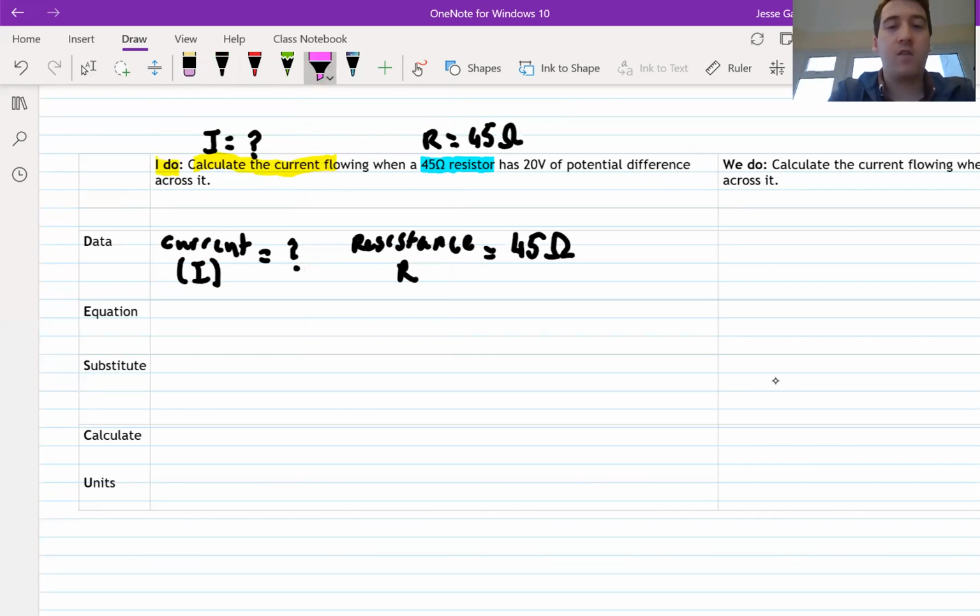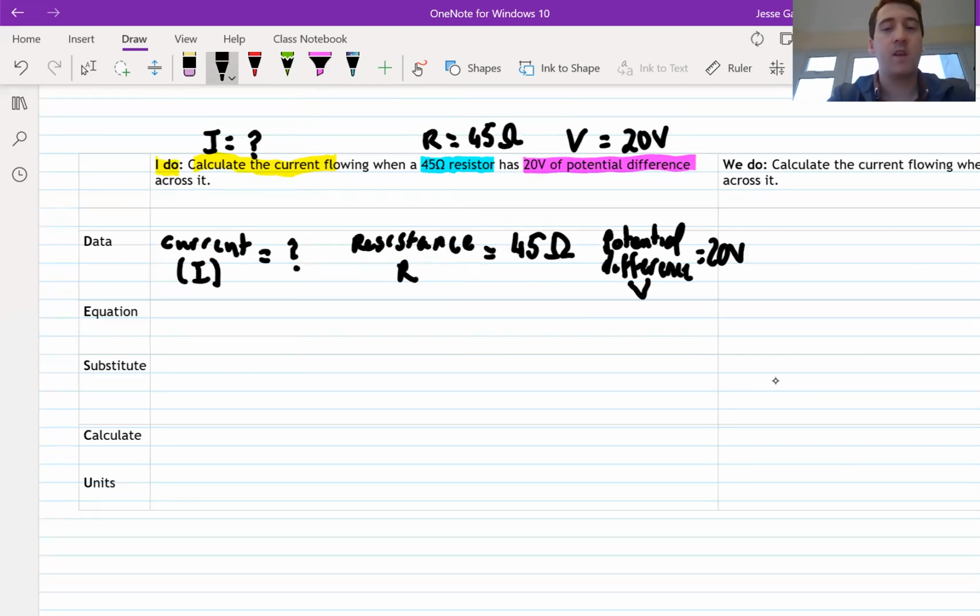A 45 ohm resistor has 20 volts of potential difference across it. There's another piece of information. I know the potential difference, or V, equals 20 volts. So that's how I would take my question and work out the data from it.